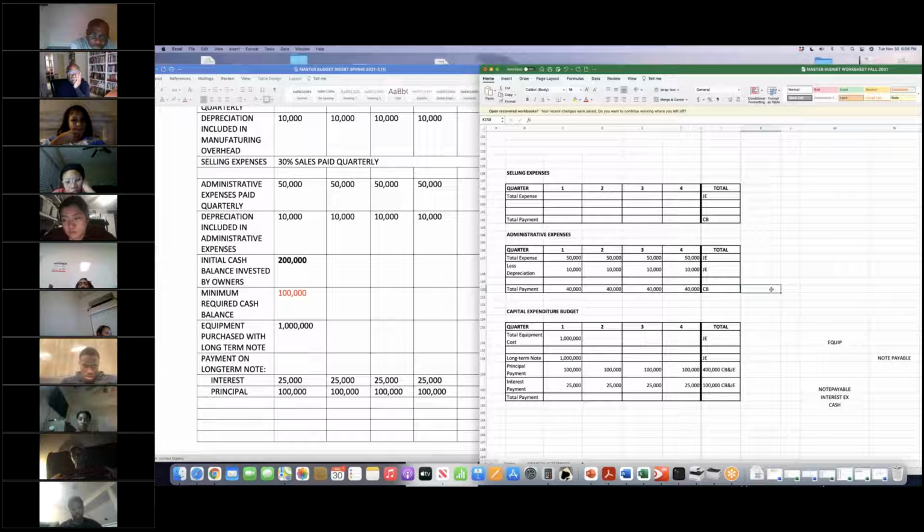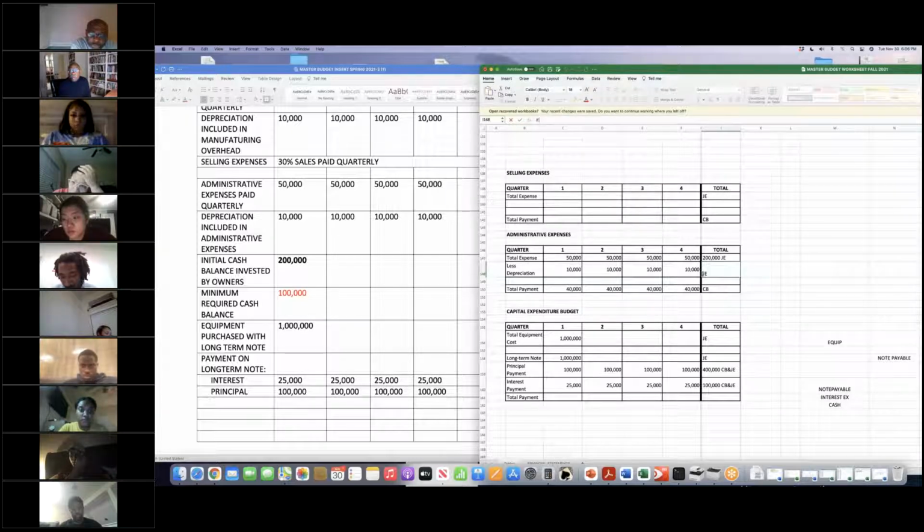Okay, so our total expense is what? It's 200,000. But because the depreciation was 40,000, and because it's not a cash item, you're not going to go out there and borrow what you don't need.